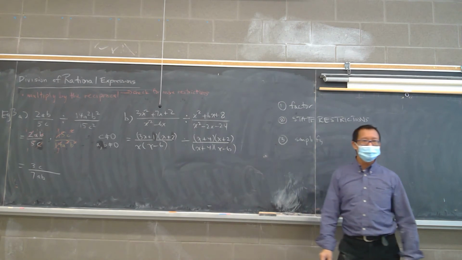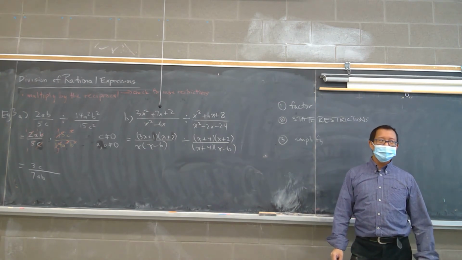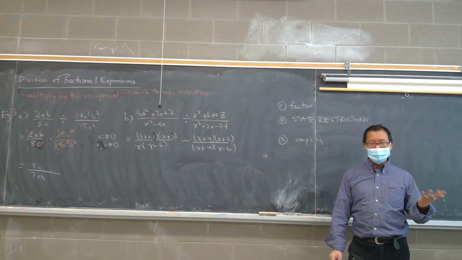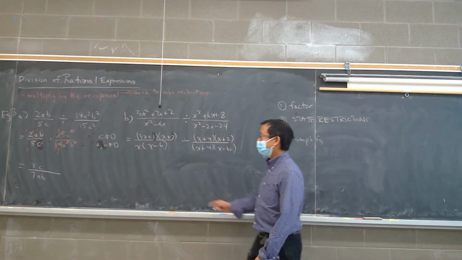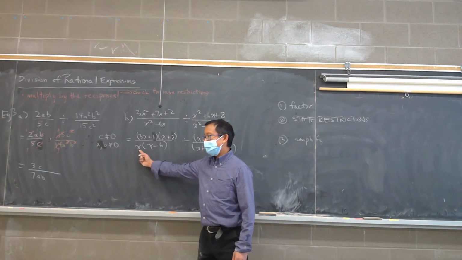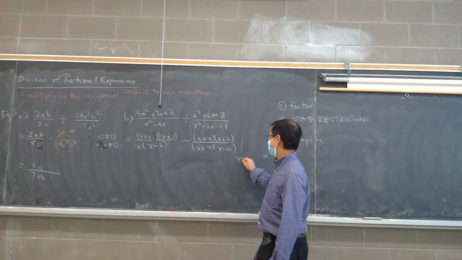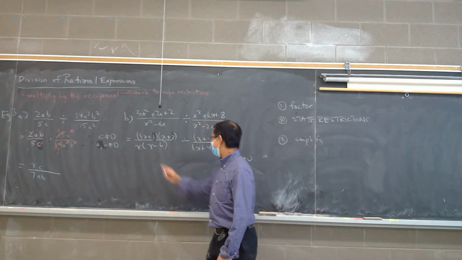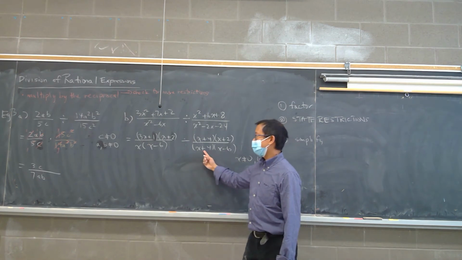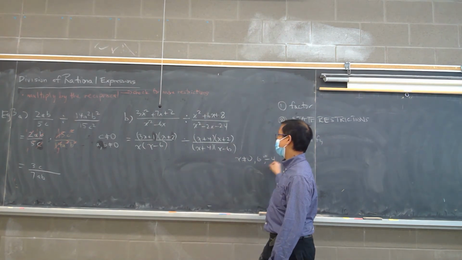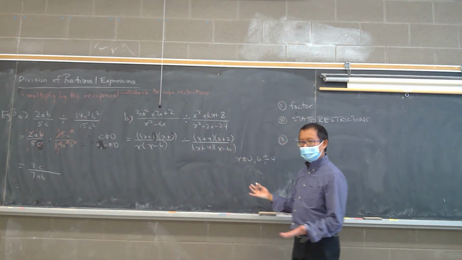Everyone okay with that? Any questions? Let's go slowly, if that's alright. I like doing it slowly. The restrictions now. This x is 0, so that means 0. This one's 6. Negative 4. 6 is already written. So far so good, everyone okay?